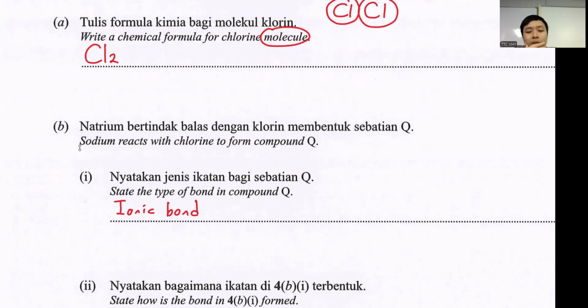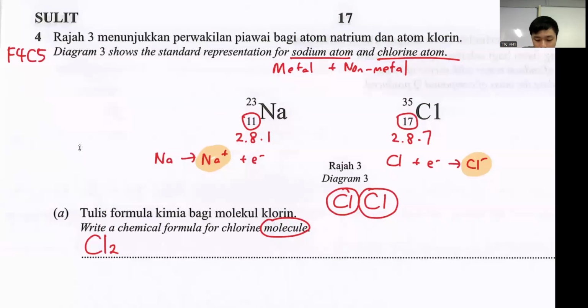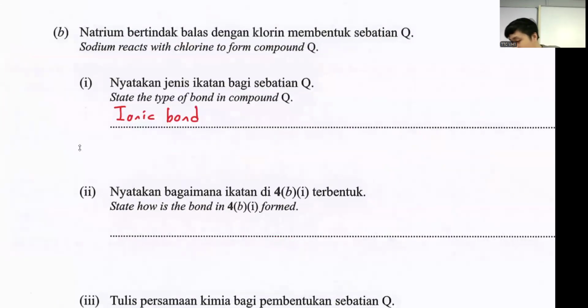How is the bond in compound Q formed? Okay, so how does this bond form? Sodium will transfer the electron to chlorine. We call it transferring of electron.